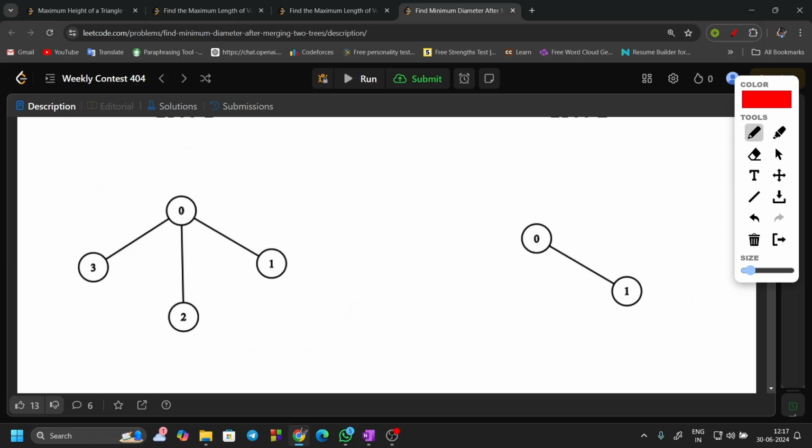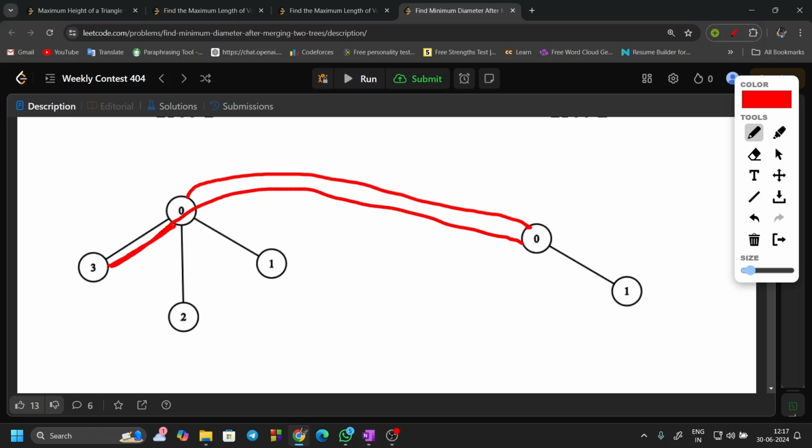Now, when we combine these two trees, let's say we combine this node with this node. For the tree we get, we need to find the diameter, and we need to minimize this diameter. If we combine like this, you can go like this here, then you can go here and here.